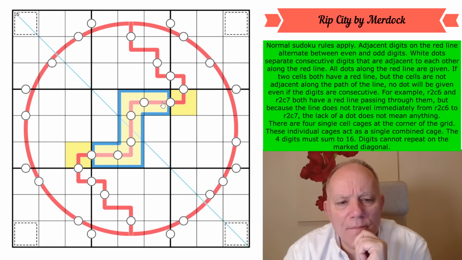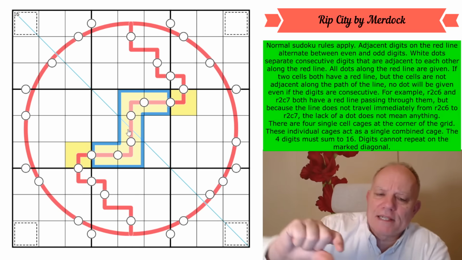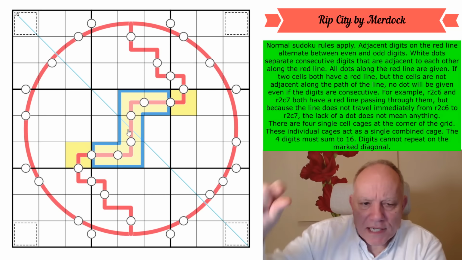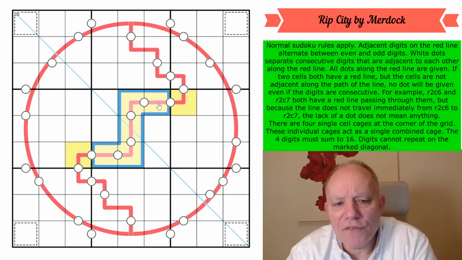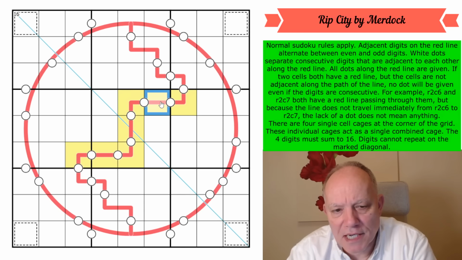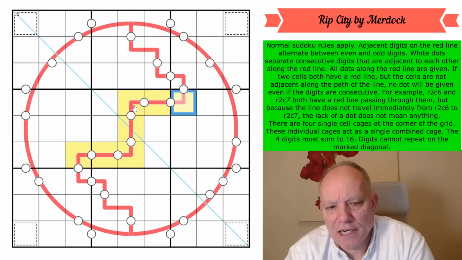Well, okay, the simple thing is that these 5 cells must all be different digits, and they're all connected by a white dot. So that means it's clearly a sequence, either ascending or descending from here all the way. It could go 2, 3, 4, 5, 6, for instance. Now, if it did that, you'd have 5 here and 6 here. Well, you couldn't go back to 5 here. So you'd have to carry on the sequence from 5, 6, 7.